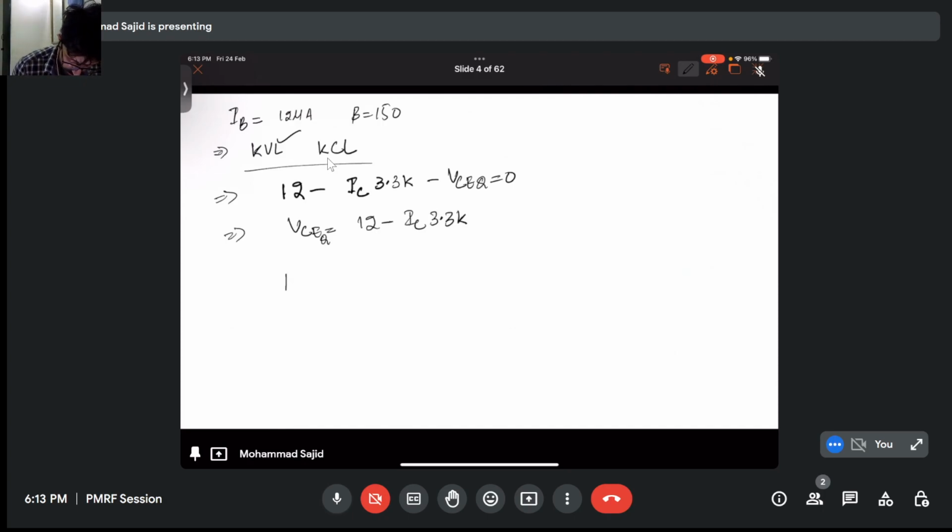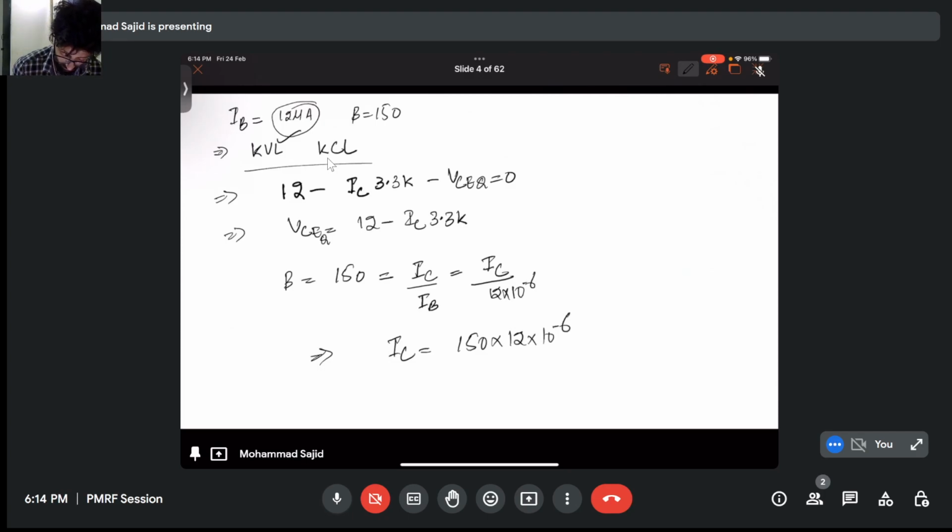Now we know beta is given to us as 150, which is equal to IC by IB, right? So this is IC. IB is given to us as 12 microampere. That will give us IC as 150 into 12 times 10 to the power minus 6. Calculate it. You will get an IC of 1.8 milliampere, right?